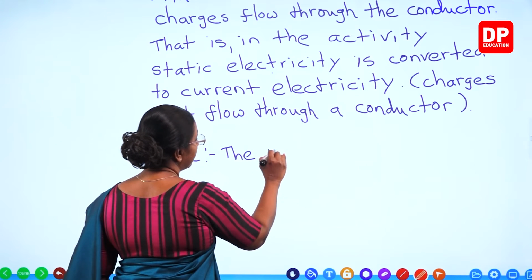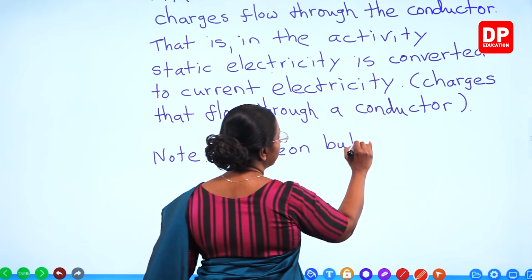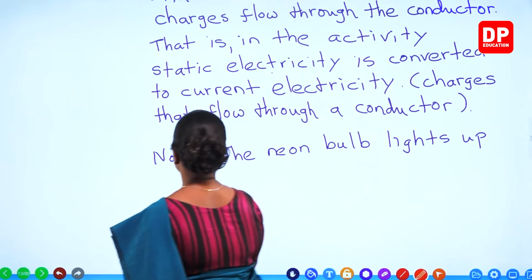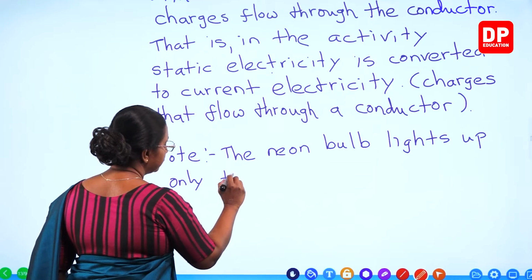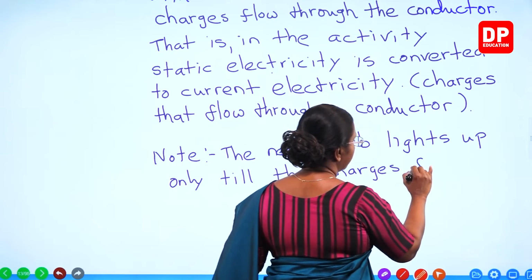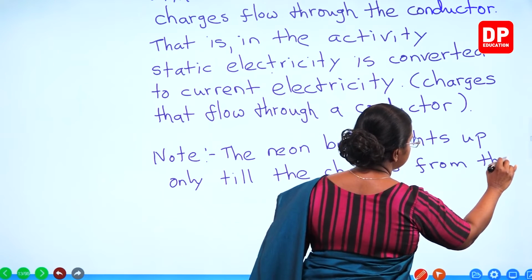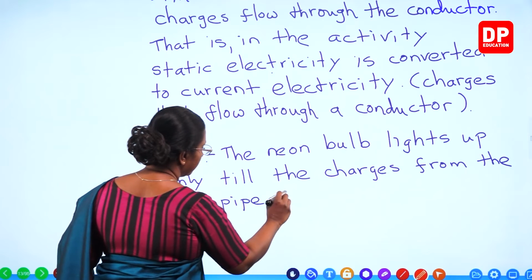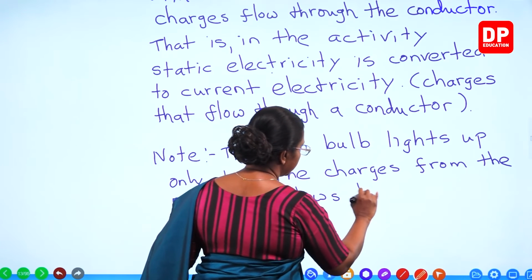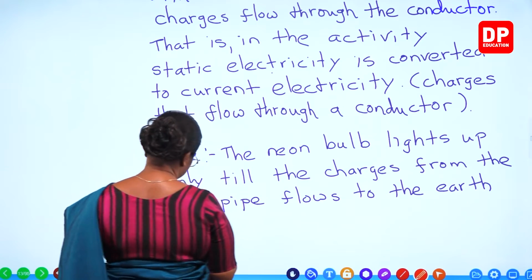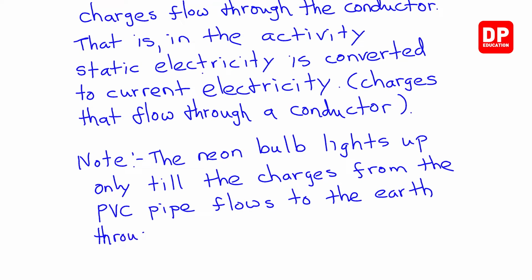So, the neon bulb lights up only till the charges from the PVC pipe flow to the earth through the conductor.